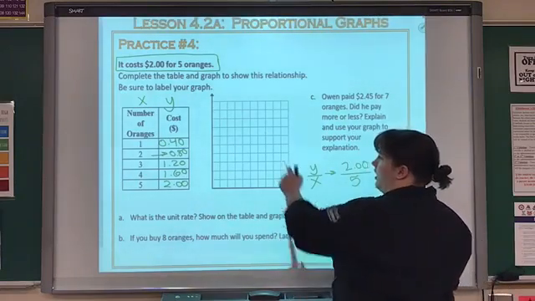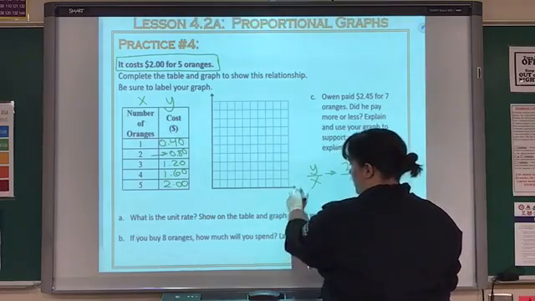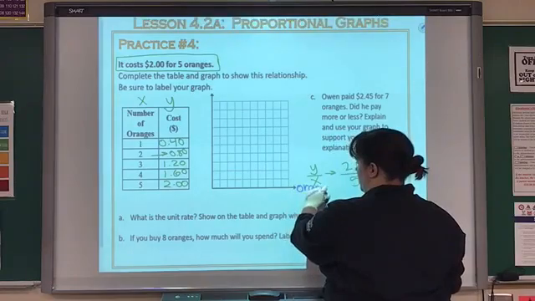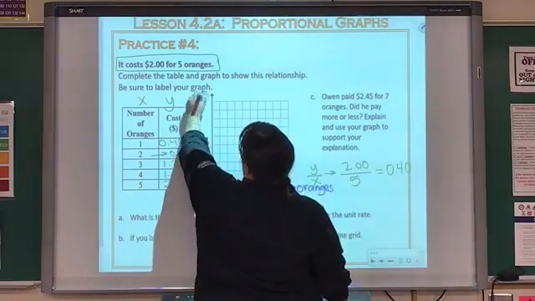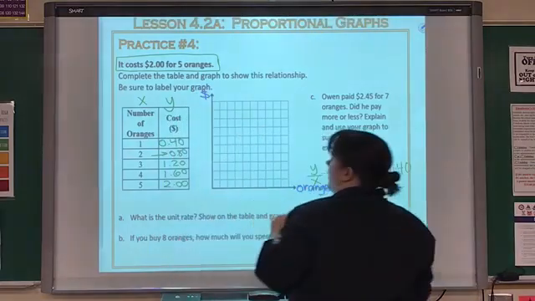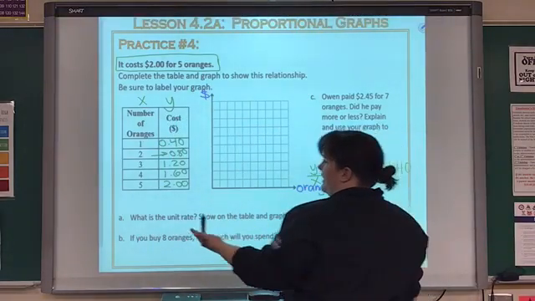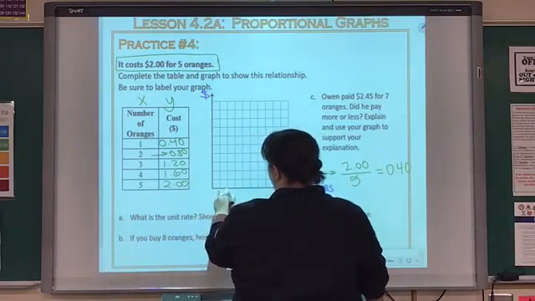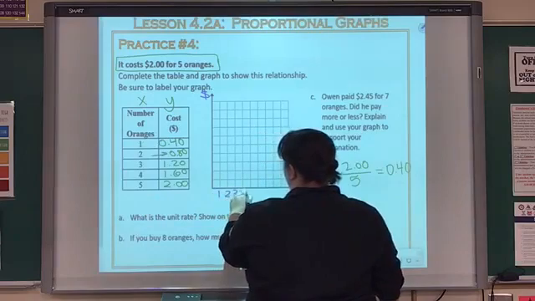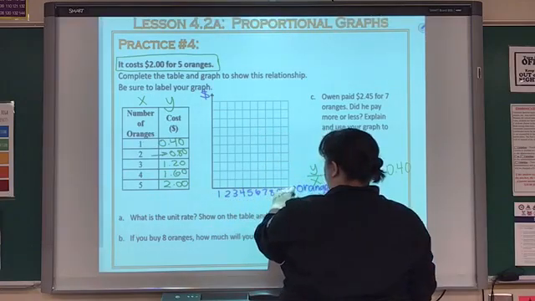So, our x values are the oranges, and our y value is the cost in dollars. Okay? So, if you notice, the number of oranges, that's going up by 1. So I can just label 1, 2, 3, 4, 5, 6, 7, 8, 9, 10.